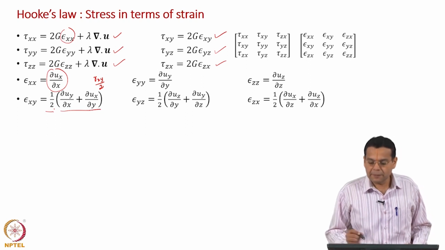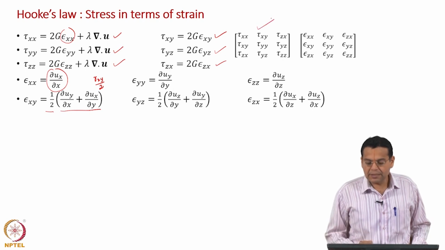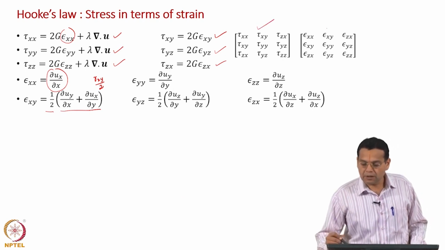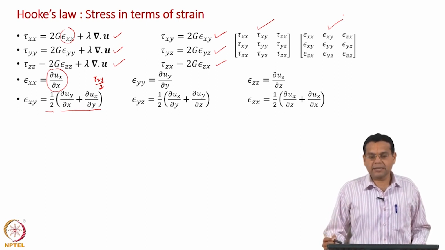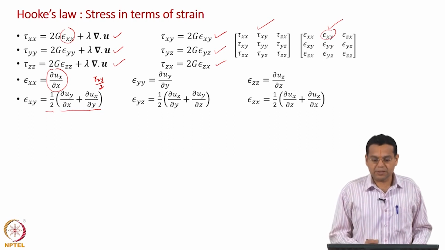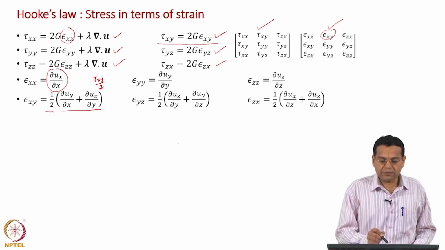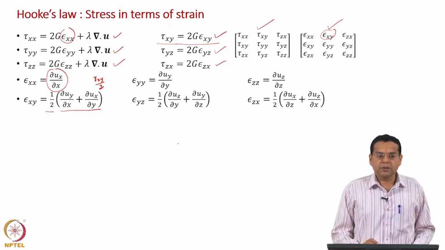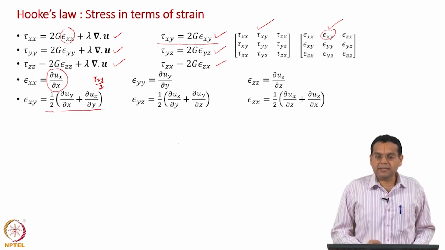What is the reason? Our objective is to relate components in the stress tensor to the components in the strain tensor. What appears in the strain tensor is epsilon xy, not gamma xy. That is why in this relationship we relate tau xy and epsilon xy, though in terms of measurement it is gamma xy.